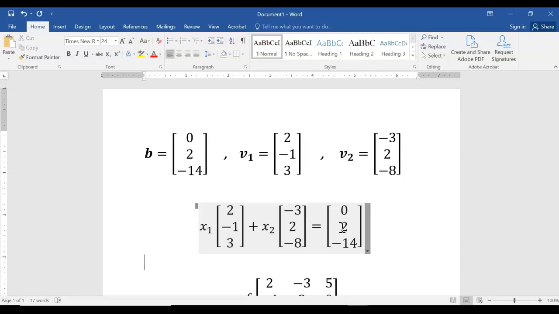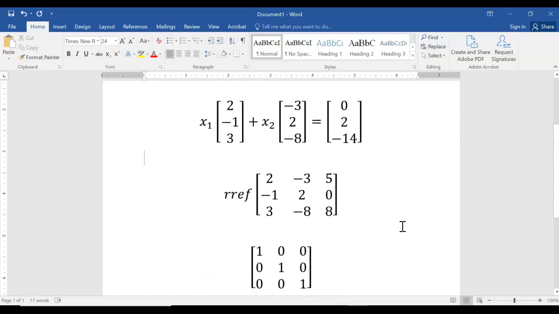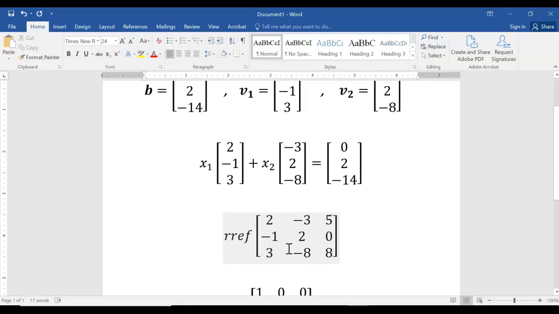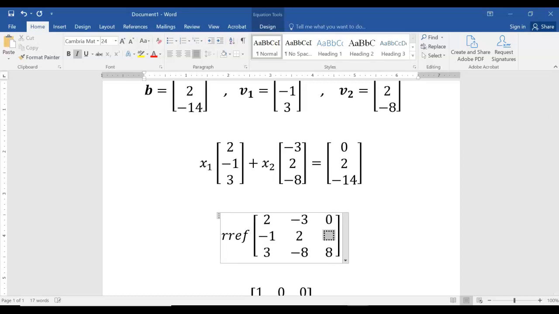In order to solve that vector equation, I'm going to create the associated augmented matrix and then row reduce it. The associated augmented matrix is going to be just like my old one, but now in that third column, it'll be 0, 2, negative 14.